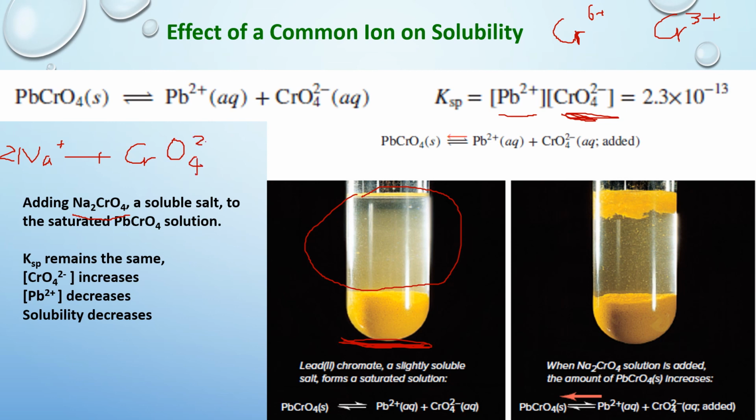Right, so that means you're increasing the concentration of the chromate anion in the solution. As we know, if we increase the concentration of a product, which is on the right hand side, that will push the equilibrium position to the left, meaning that there will be more solid PbCrO4, or lead chromate, generated.